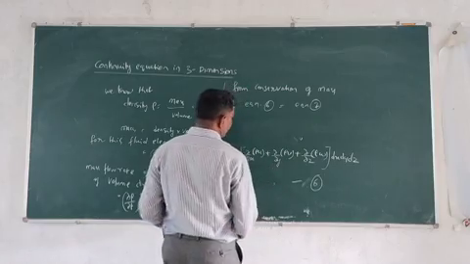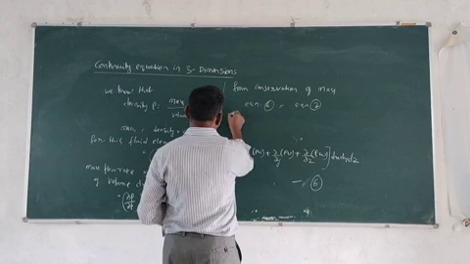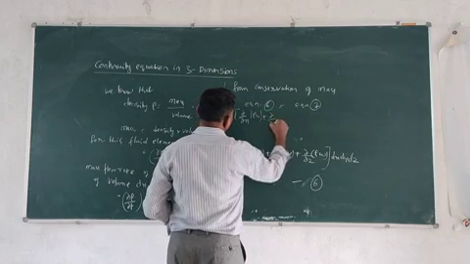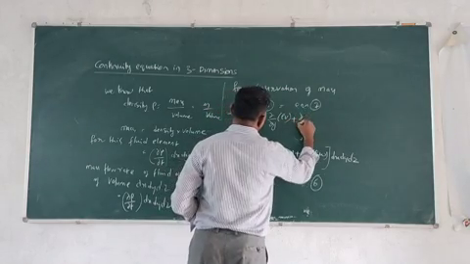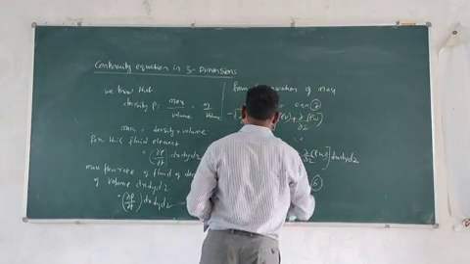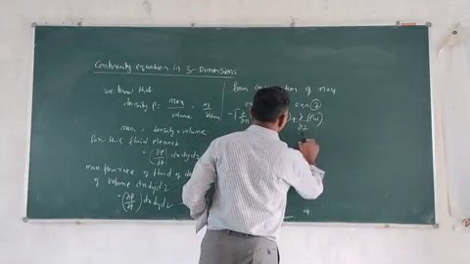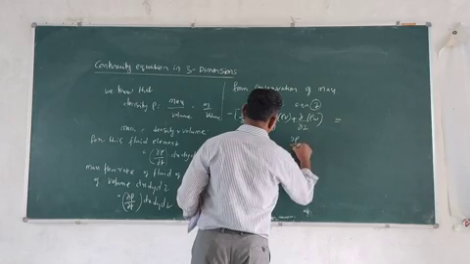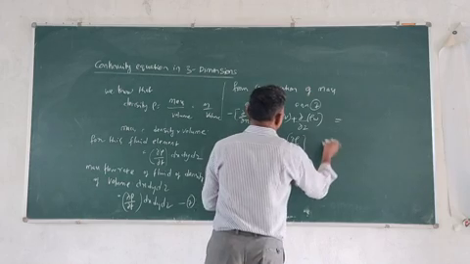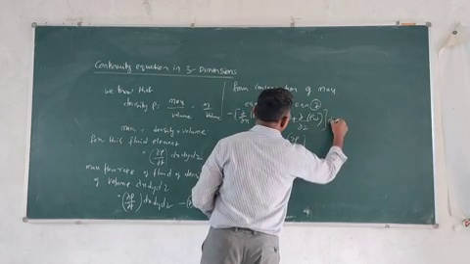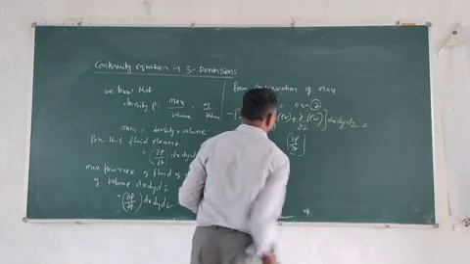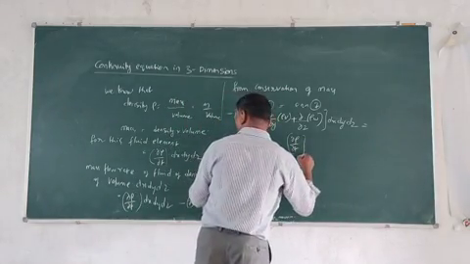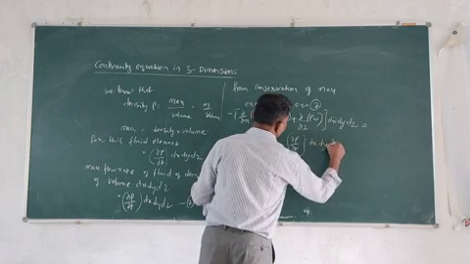So what is equation 6? This one: minus [∂/∂x (ρu) plus ∂/∂y (ρv) plus ∂/∂z (ρw)] dx dy dz is equal to equation 7, ∂ρ/∂t dx dy dz.